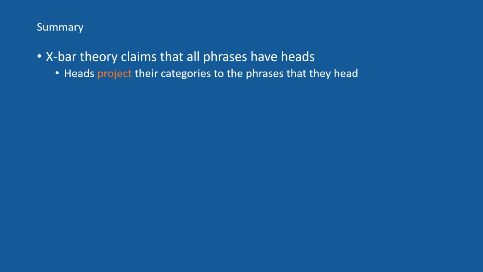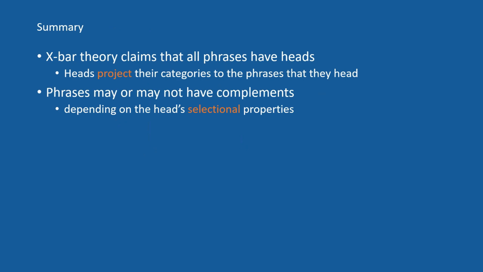Okay, so to summarize quickly what we've just been through, X-bar theory claims that all phrases have heads. It imposes this restriction that they're only phrases which have heads. There are no phrases which lack heads. The head projects its categorical properties onto the phrase that they are the heads of. Phrases may or may not have complements, and that all depends on the properties of the head.